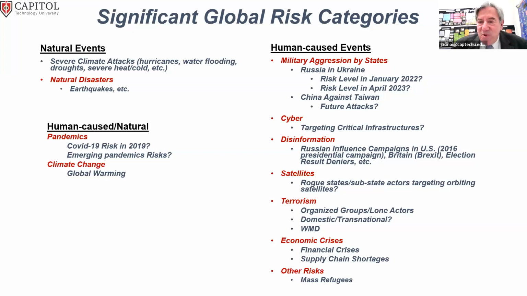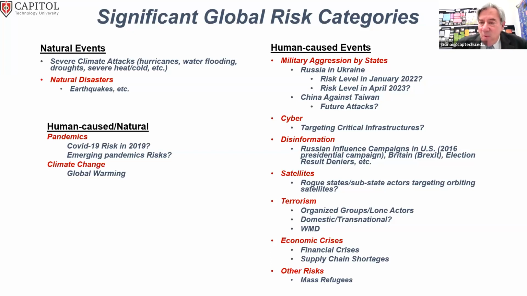And one interesting question to examine is, in 2018 and 2019, was it possible to predict the full magnitude of the risk of the outbreak of the COVID-19 pandemic? Bill Gates in 2015 actually wrote an article in which he warned of the possibility of such a pandemic. And now, are there emerging pandemic risks that are being anticipated and prepared for?